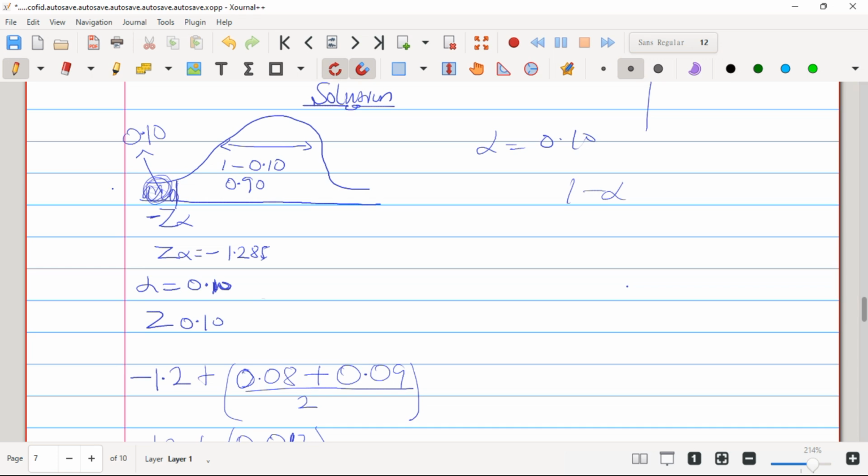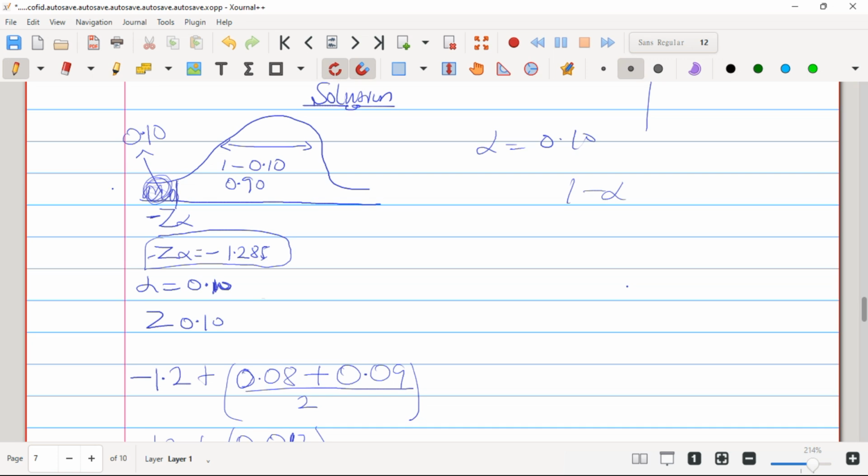So the 0.9 is the fail to reject region, or better still, that's the acceptance region. So all that you have been asked to do is to just calculate our negative z subscript alpha, right? When you do everything very well, we are going to get our negative z subscript alpha to be negative 1.285.